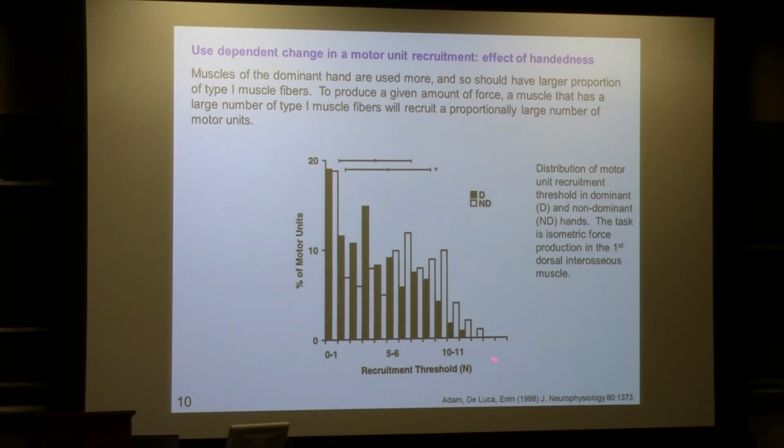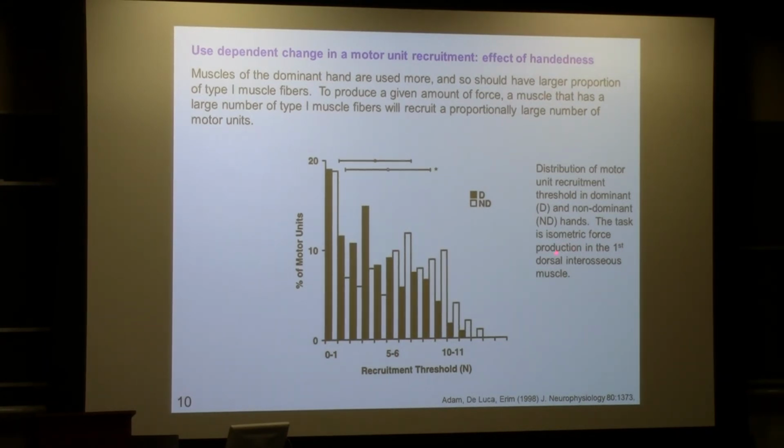So what they did is that they measured the threshold, in terms of force, at which a motor unit became activated. So this is what they're plotting here. The dominant hand is the black one, and the non-dominant hand is the open bars. And what you see basically is that in a person, their dominant hand is made up of more units that get activated early, whereas the non-dominant hand has more, relatively speaking, units that get activated later.